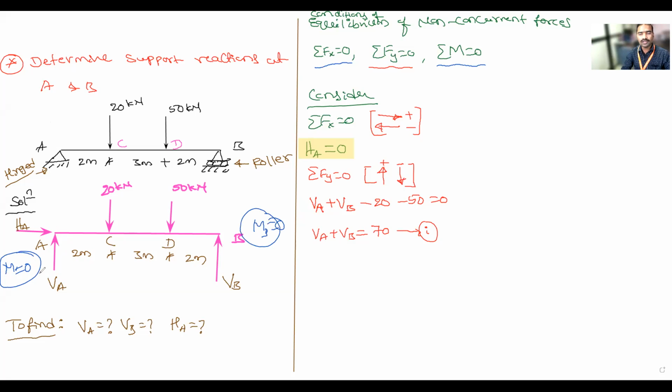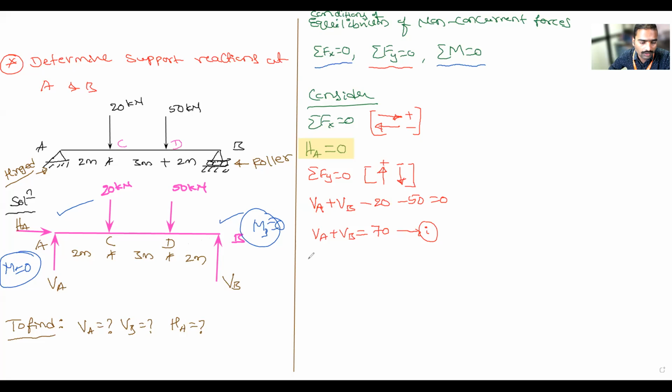You can apply moment equal to 0 at point A or at point B, anyone. If it is a fixed support here, then you cannot apply. Whenever a simple support, roller support or hinge support is there, at that support moment is always 0. Clear, everyone? Yes, sir.